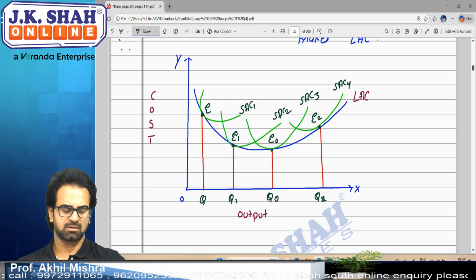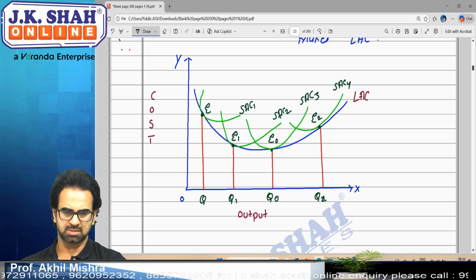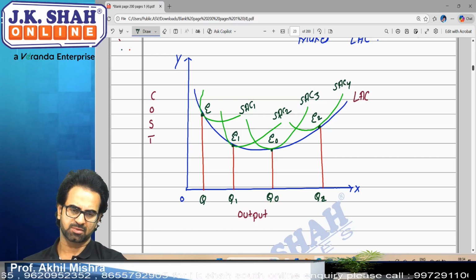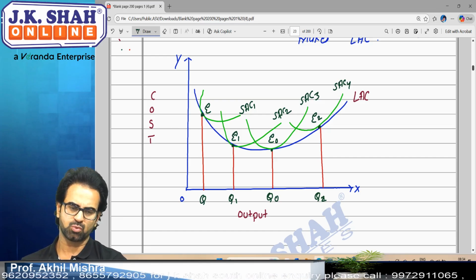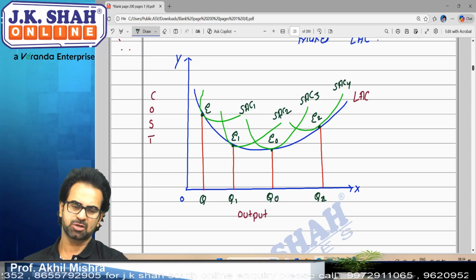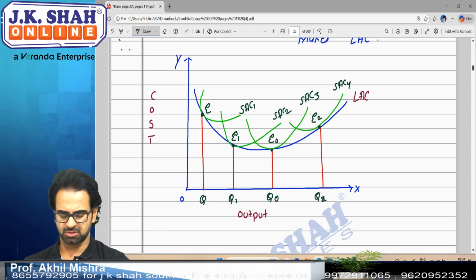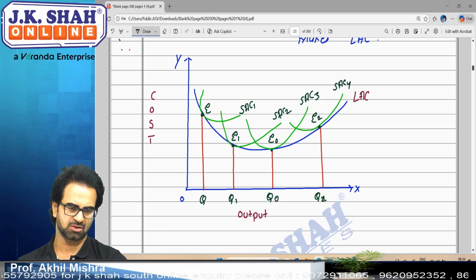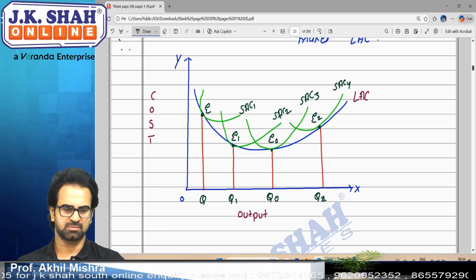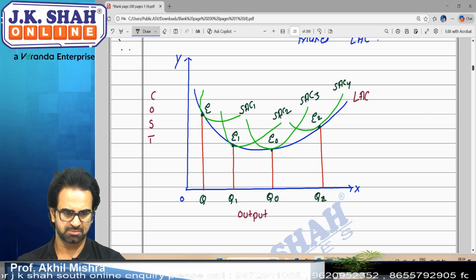When the company is producing OQ1 amount of output, what happens? The cost falls down. See, the LAC is coming from E to E1, right? Now the company producing OQ0 amount of output, if you can see on the x-axis, cost further falls down from E1 to E0.